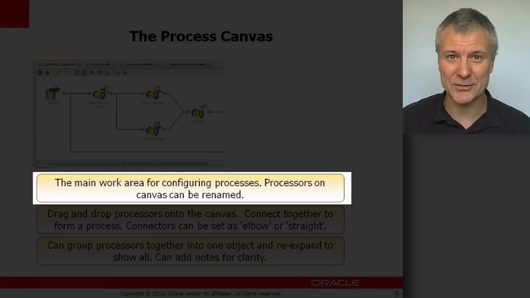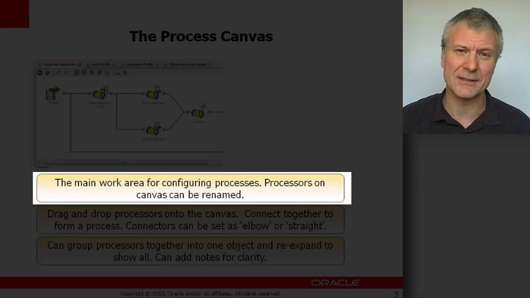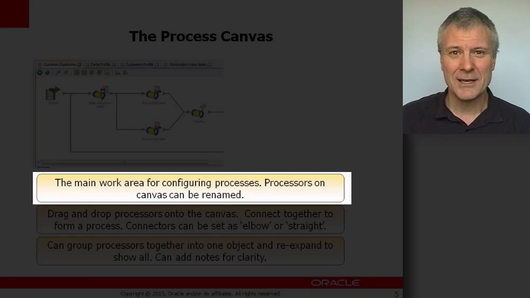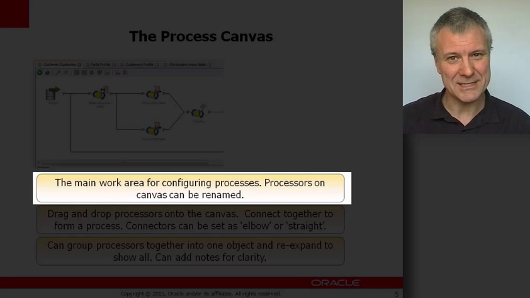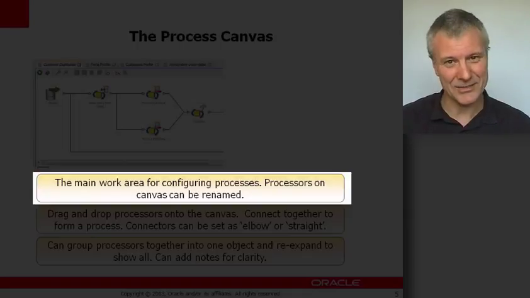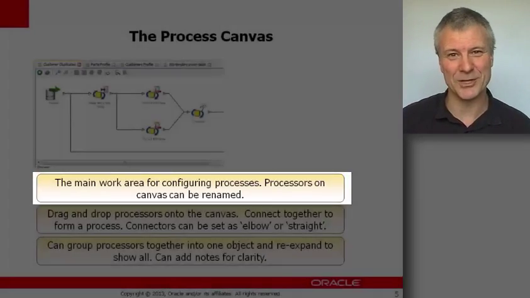For anyone else coming to it from fresh, it's very difficult to understand as well if it's complex. And annotating your process obviously makes it much easier for anybody else to understand it. One of the ways you can do that is simply by renaming an instance of a processor on the canvas. You just double click its name, no data check, for example, and you rename it. Is there data in the gender field? Then it's really obvious what it's doing.